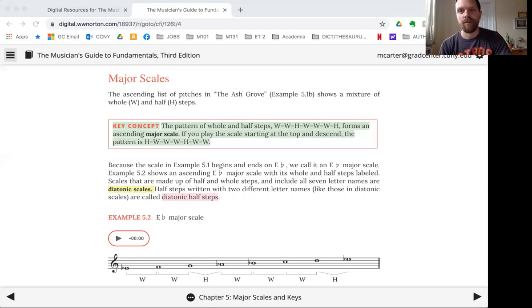So we start with C, whole step. Remember a whole step, right? So that's one whole step. Then we need another one, whole, and then half. Okay, again, whole step, half step.